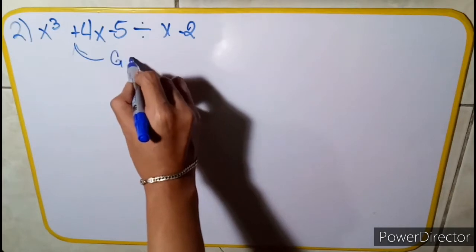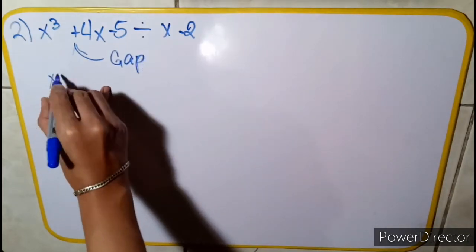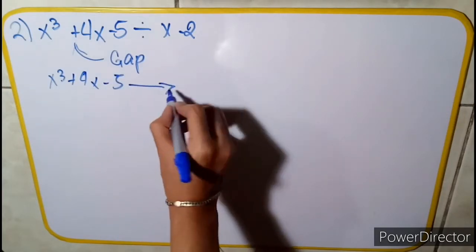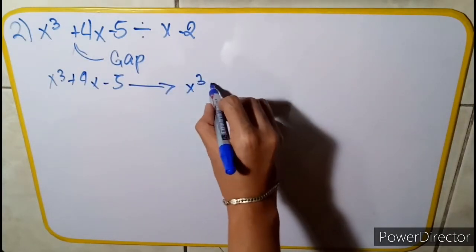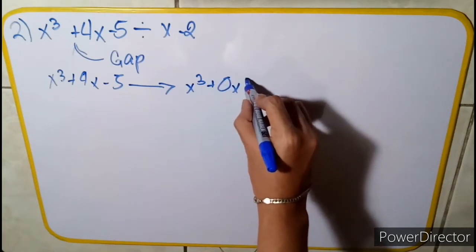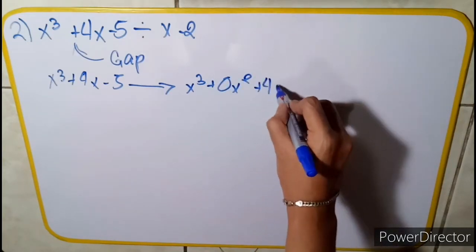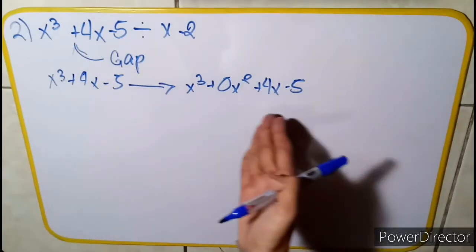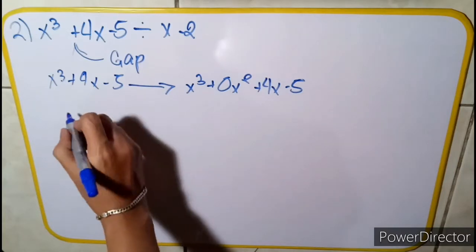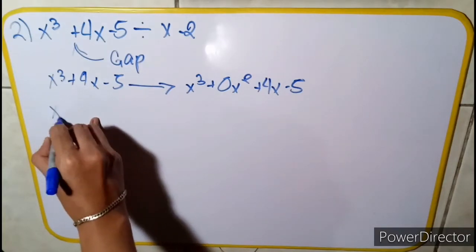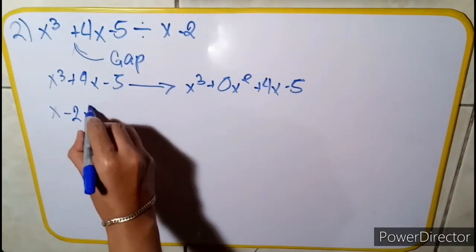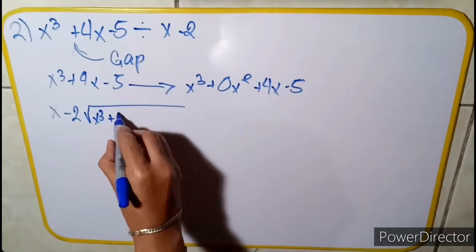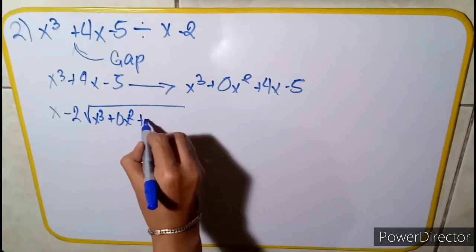Now, this x cubed plus 4x negative 5 will be written as x cubed plus 0x squared plus 4x negative 5. By long division, we will write this as x negative 2 divided by x cubed plus 0x squared plus 4x negative 5.